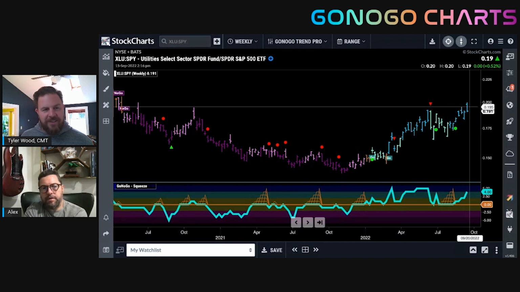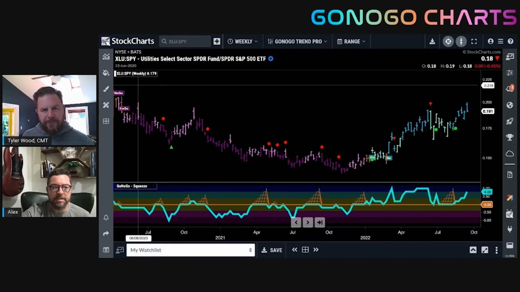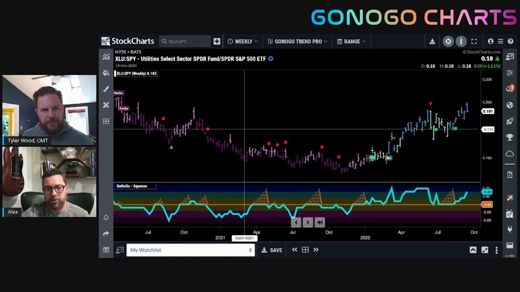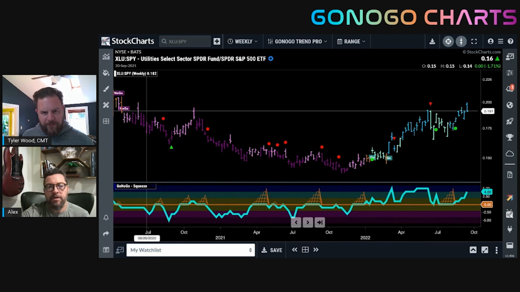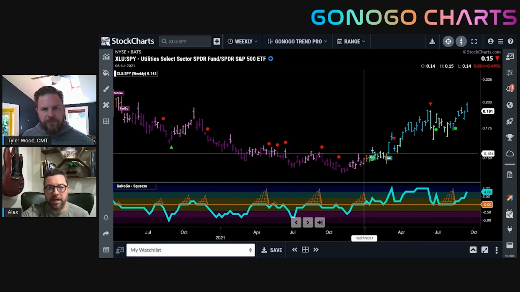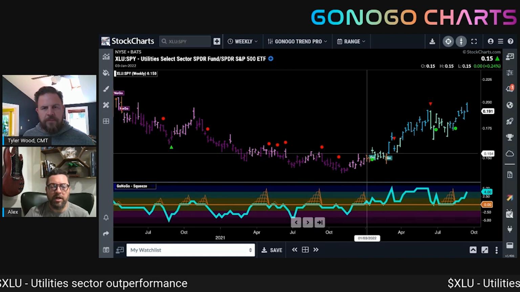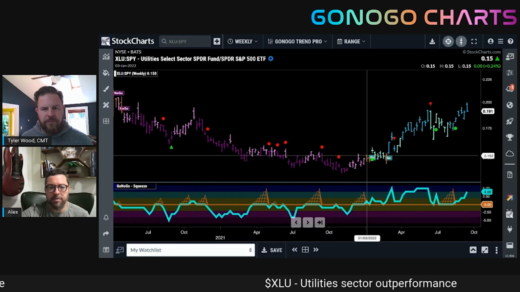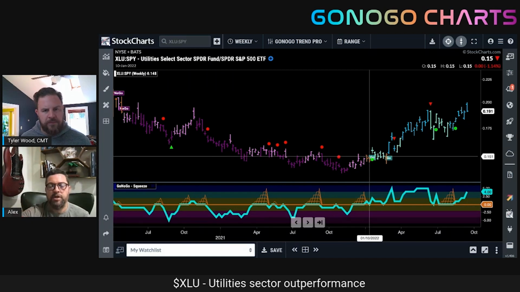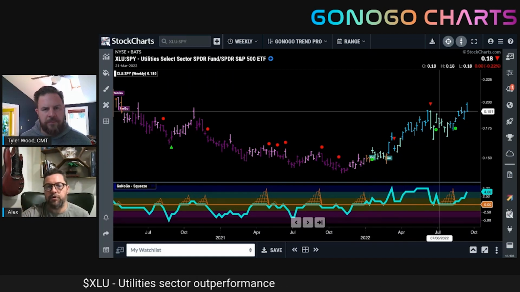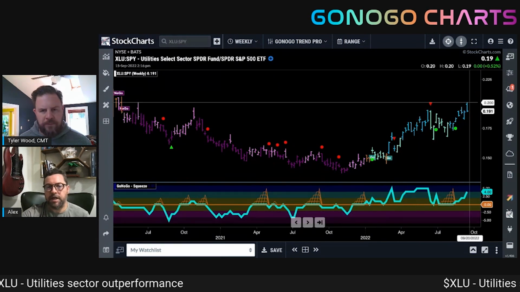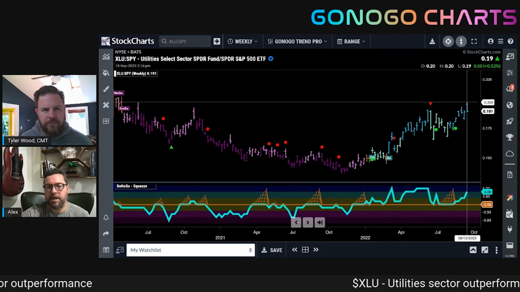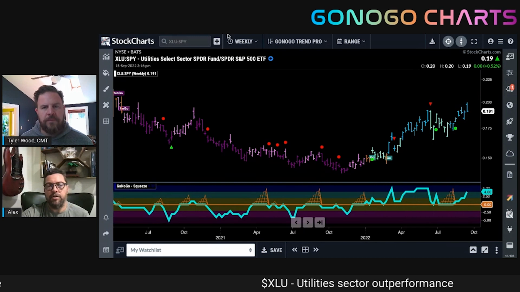Yeah, and I've been looking at this on a weekly chart because it cleans it up a little bit, and you can really see the strong underperformance, the No-Go trend in that ratio, through 2020 and 2021, as of course the more growth sectors were performing well and leading the rally after the pandemic lows. But yes, really from the beginning of the year, that switch to strong outperformance, higher highs and higher lows, even this week, the high of the week being a higher high on the longer term chart.